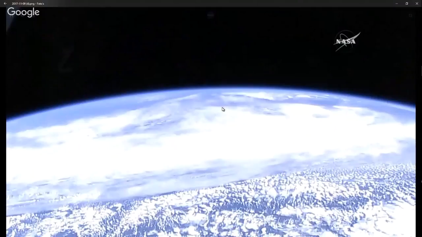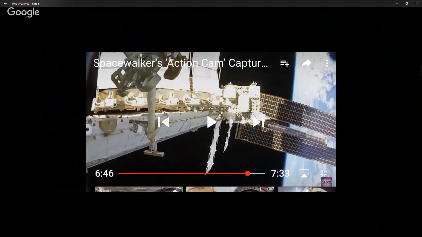This was from last week. The curve is a little bit less here. If they have a right camera system, you should see a horizontal line. Here I take a screenshot.